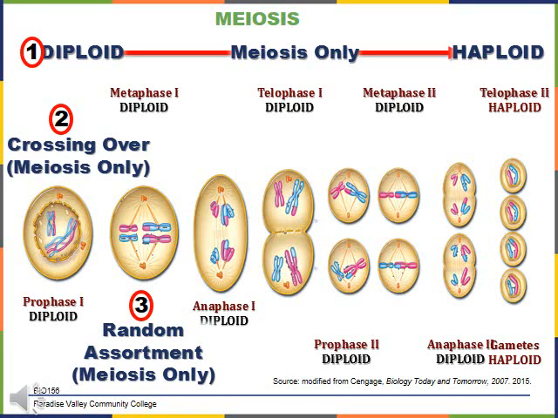Okay? At the bottom, it's showing you how the crossing over happens, again only in meiosis. Have diploid cells in prophase, where the crossing over happens. Your random assortment is in prophase, or excuse me, in metaphase. That's the random assortment there. That only happens in meiosis. Then you go on to anaphase 1, which is diploid, prophase 2, which is diploid, and then finally anaphase 2, which is diploid, and then you end up with telophase 2, 4 haploid cells, or you can say that we have 4 gametes.